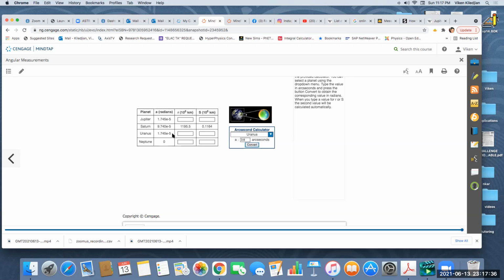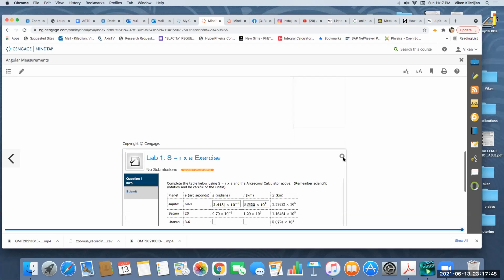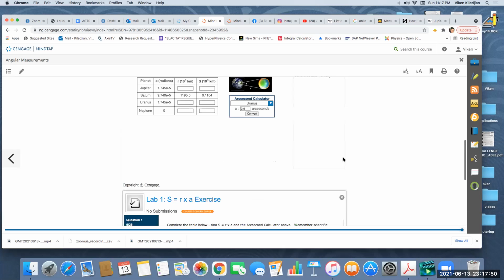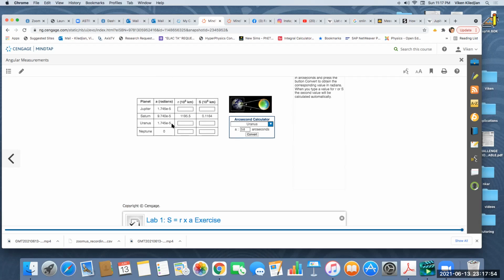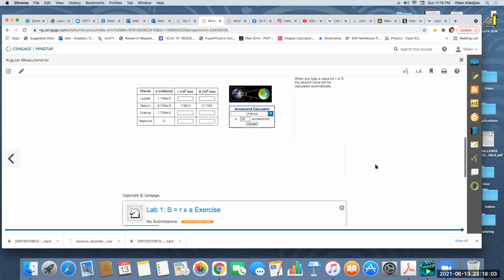Okay, so now we've got the radians here, 1.745 e to the minus 5. Right there. So the angular diameter of Uranus should be smaller. It should look smaller in the sky.